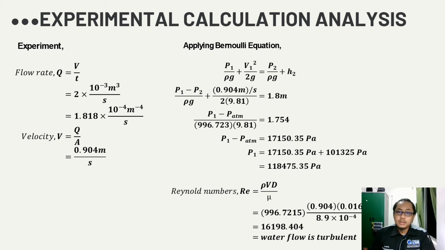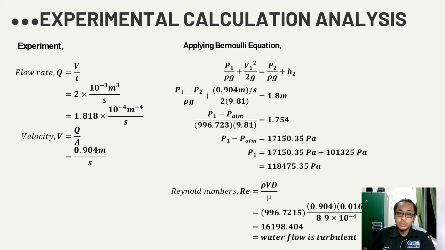This is how the calculation is derived: P1, the pressure at the inlet, over rho g, plus the velocity of the fluid squared over 2 times gravity, is equal to the pressure at the outlet over rho g, plus the maximum height of the water jet.